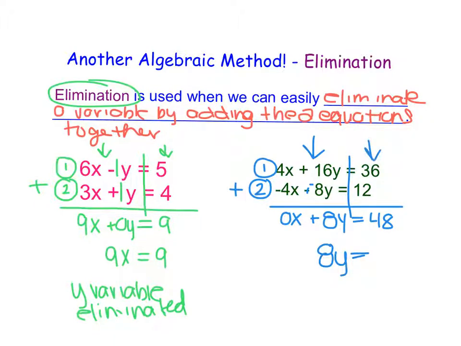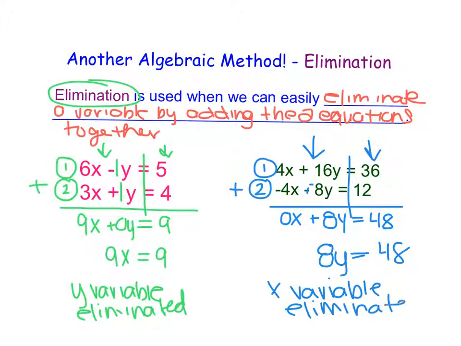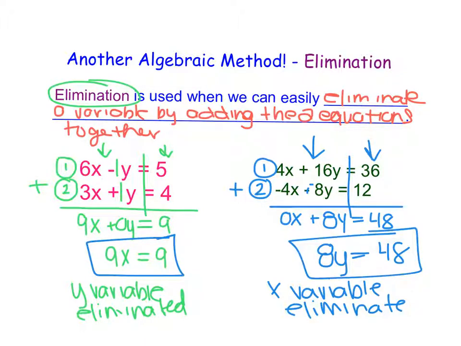And if I add the right-hand sides, I'm left with just 48. Here, the x variable is eliminated. Essentially what happens when we are able to eliminate those variables is we're now left with an equation that we can actually solve for a variable value. So again, elimination is great when we can easily eliminate a variable completely when we add the two equations together.